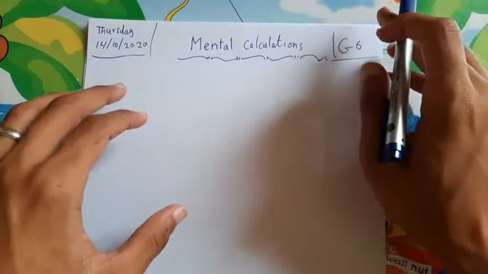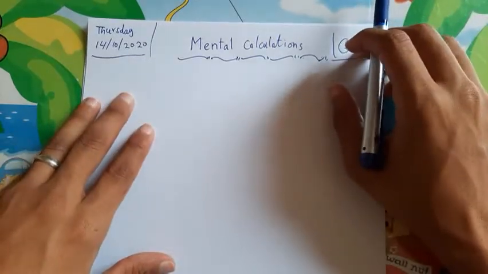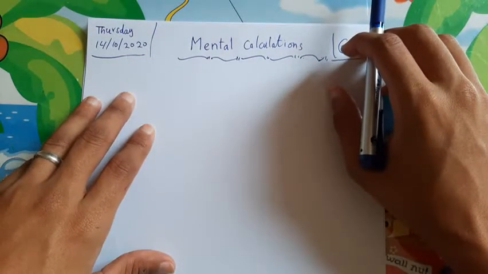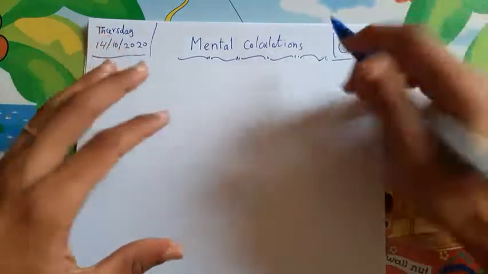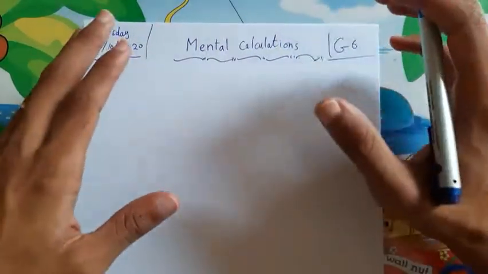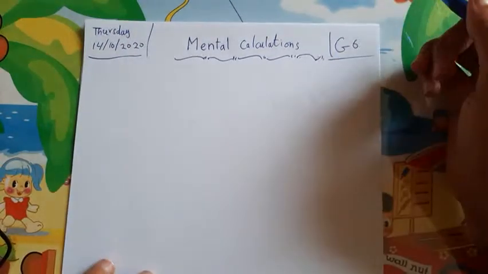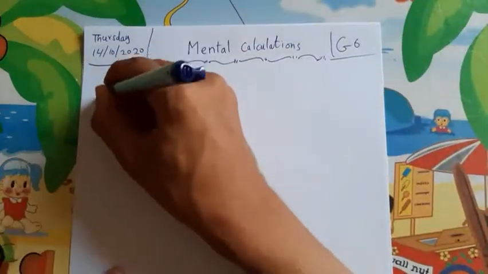We're not going to use the mathematical techniques, but we are going to look for mental techniques which will help us do the calculations. So let's get started with addition.